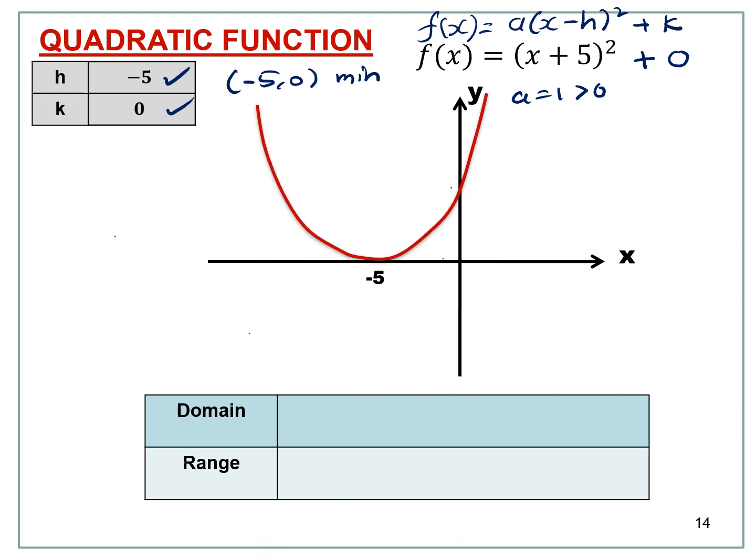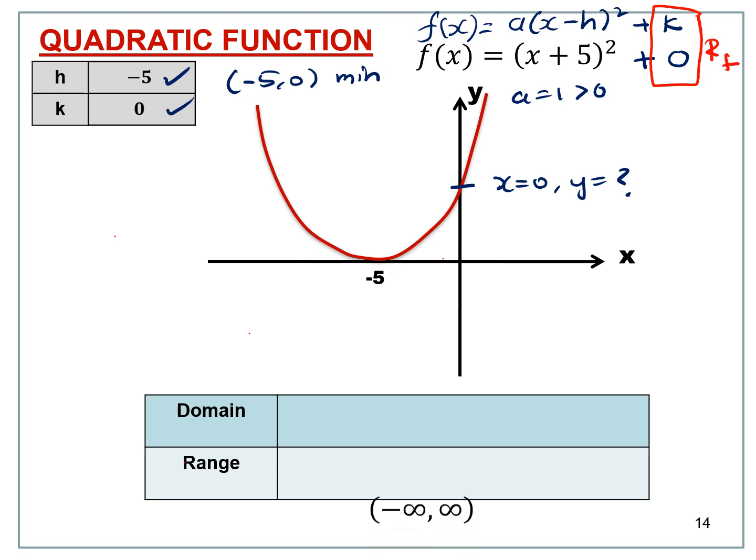And then if you want to find the y-intercept at x = 0, so you get y = what? Okay, so k, you see from here, this is the range.